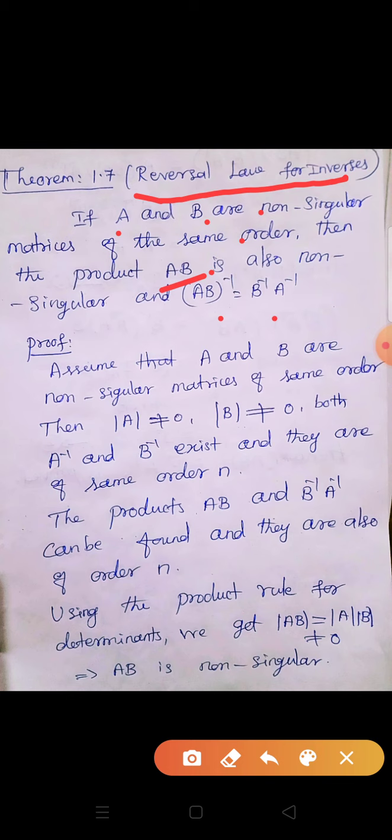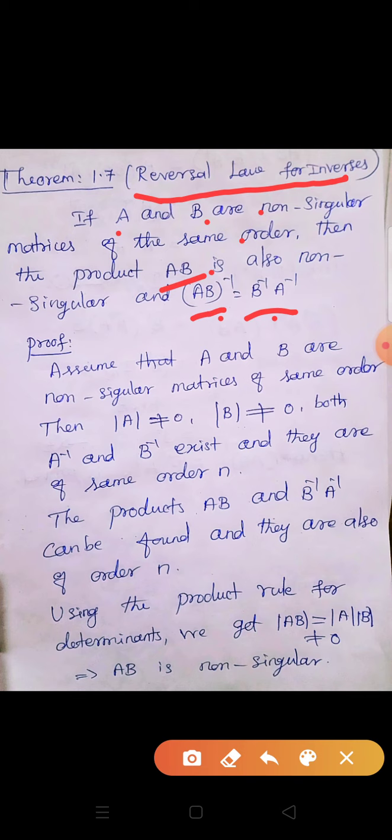In 10th standard, the reversal law for transpose is AB whole transpose is equal to B transpose A transpose. Here we just change transpose to inverse: AB whole inverse is equal to B inverse A inverse.